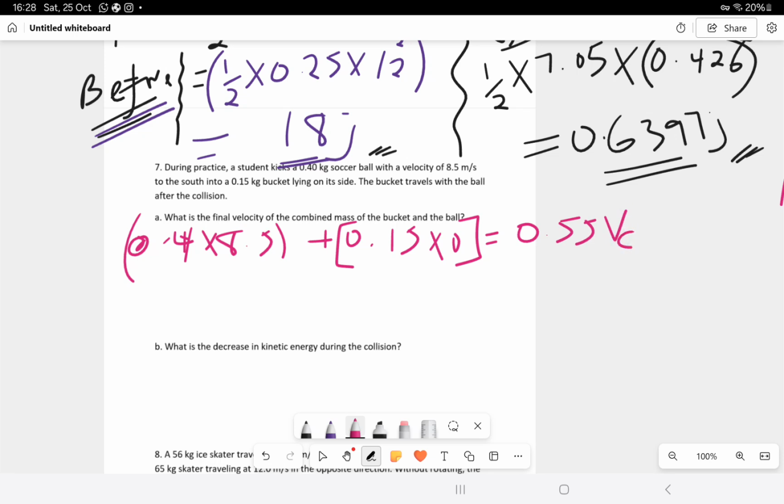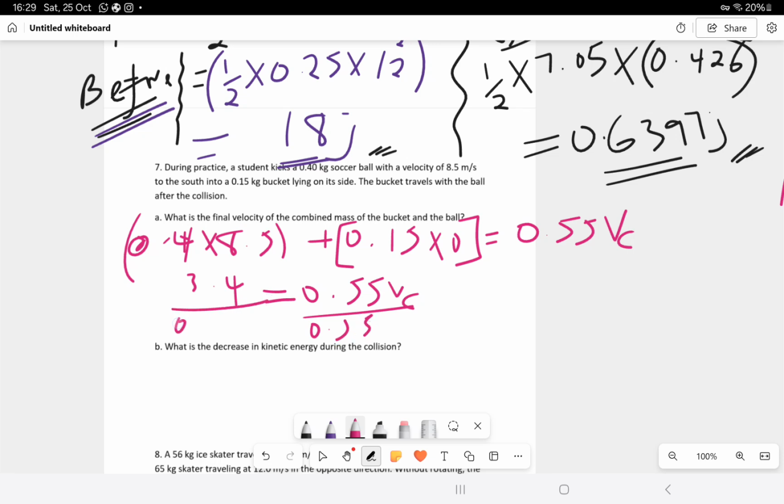V common. Okay, good. So in this case, it's very easy. 0.4 times 8.5 you get 3.4, is equal to 0.55 VC. Now I need VC, so divide by 0.55.